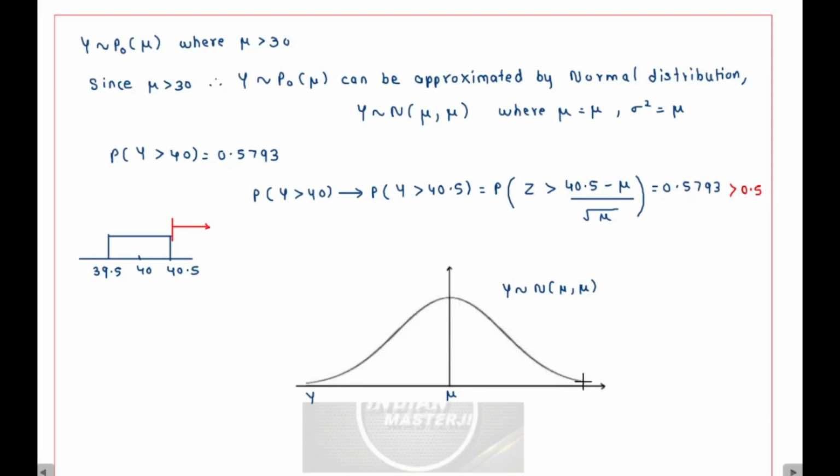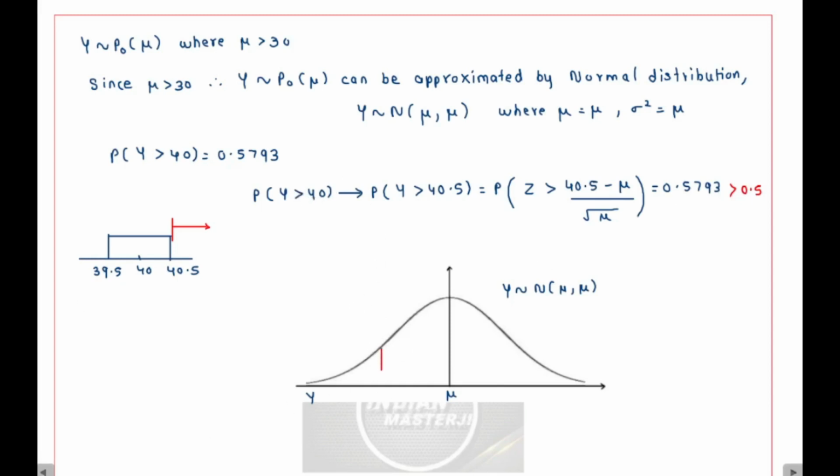We know that the total area under this curve represents a probability equal to 1, and this curve is symmetrical on either side. So the area to the right will have probability 0.5, and the area to the left also 0.5, but the required probability is greater than 0.5, so we have to move to the right.